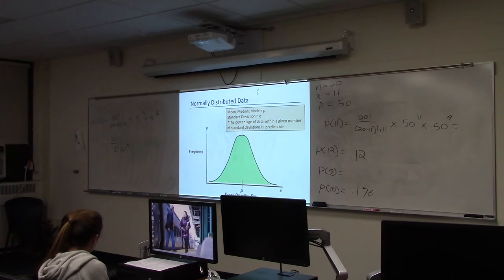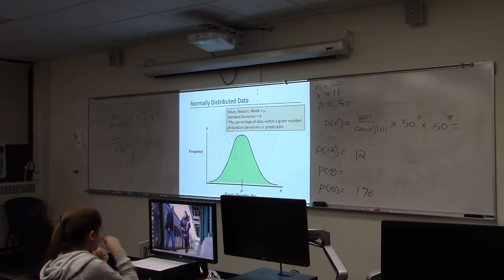All right. So that brings us back to our normal distribution. We know 2 things: we know the mean of this distribution, and we know the standard deviation of this distribution. I also know, because this is normally distributed data, that the percentage of data within a given number of standard deviations is predictable.